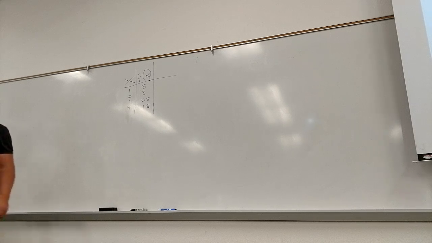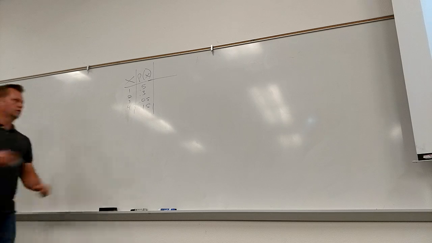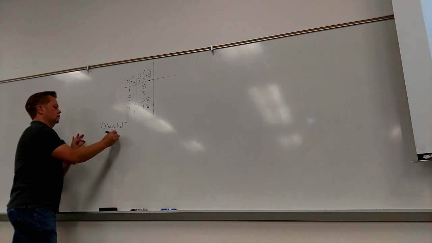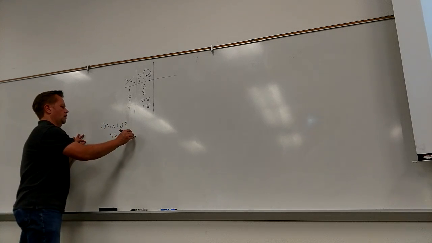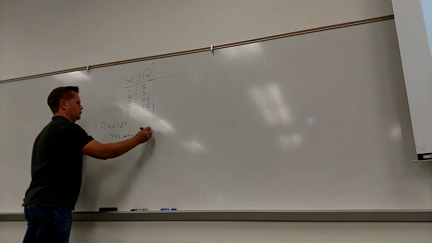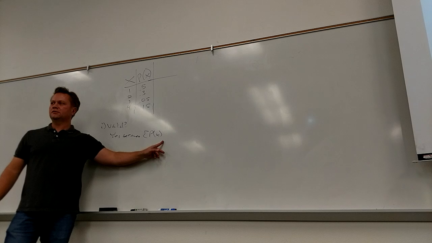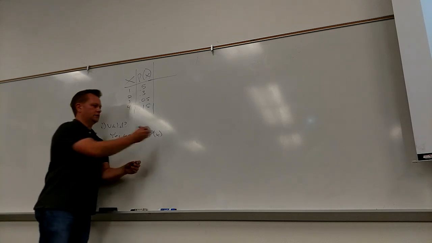Yes. If the sum of those didn't equal 1. But there's also another thing that's almost too basic to say, but you have to say it. If I said, is it valid? You would say yes, because when you add up all the probabilities, you get 1.